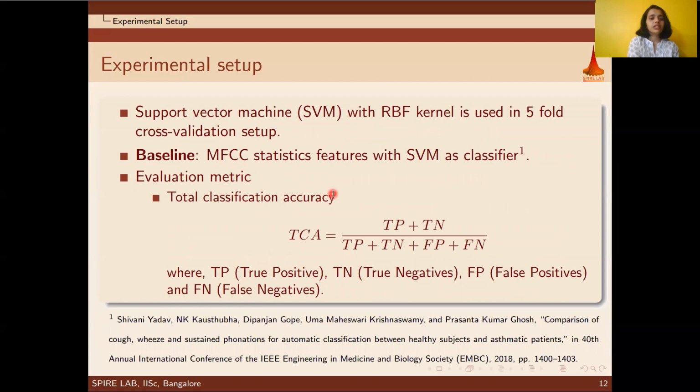We have used SVM with RBF kernel in a 5-fold cross-validation setup as the classifier. For baseline, we have used MFCC statistics with SVM as the classifier. As the evaluation metric, total classification accuracy, also referred to as CA, has been used.